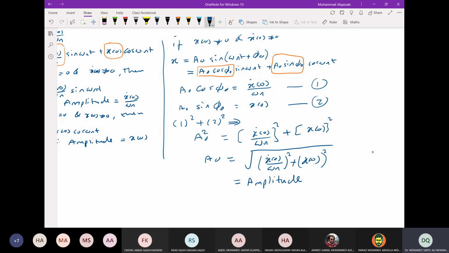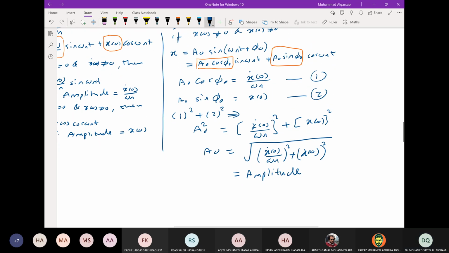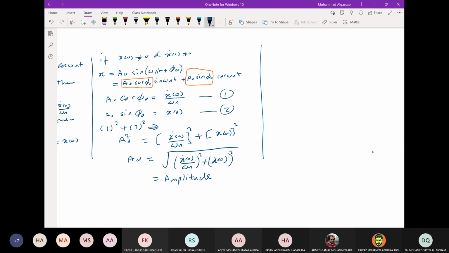And also we can get phi by dividing equation 2 by 1. We get tan phi 0 equal to x at 0 divided by x dot at 0 divided by omega n, which means we can put omega n at the top.